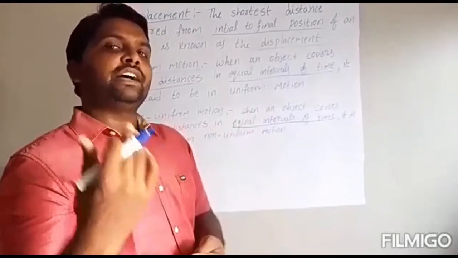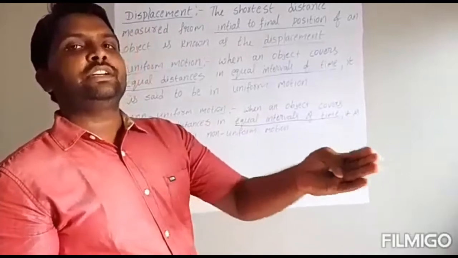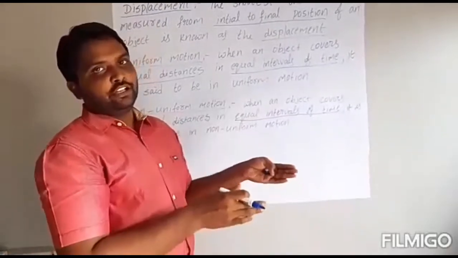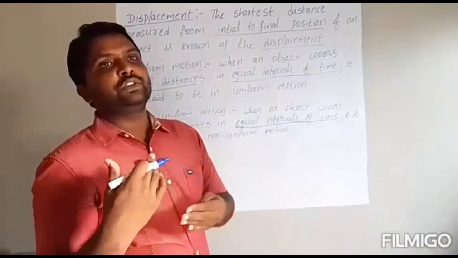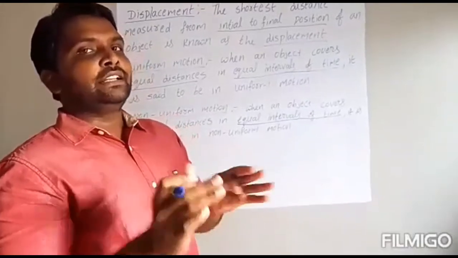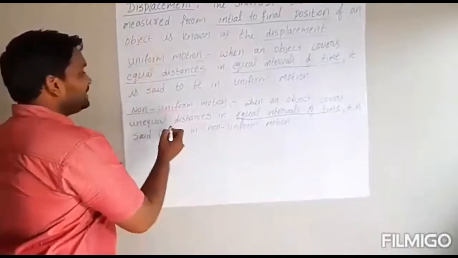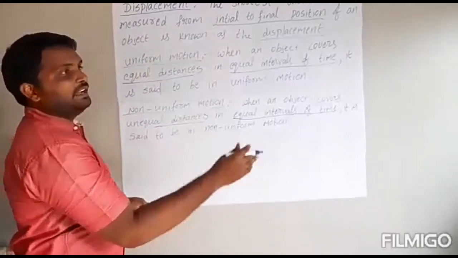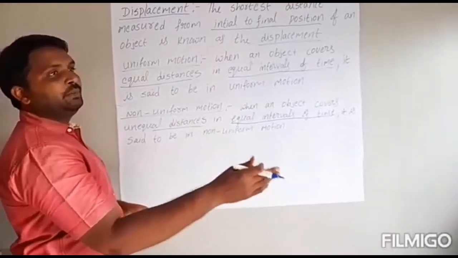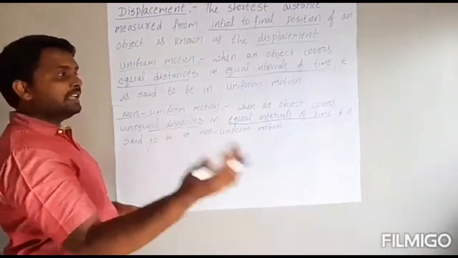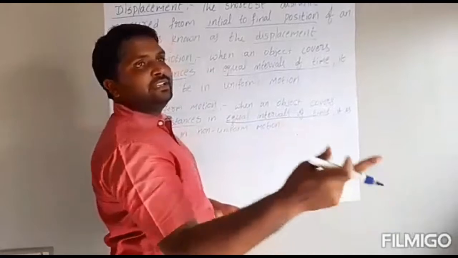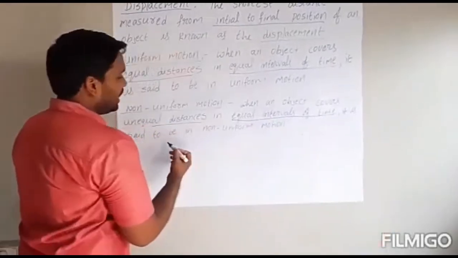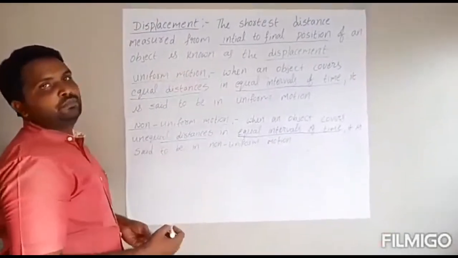After that, again in 5 minutes, it goes 20 kilometers. The distance changed, but the time is the same, 5 minutes, 5 minutes, 5 minutes. That we can call non-uniform motion.